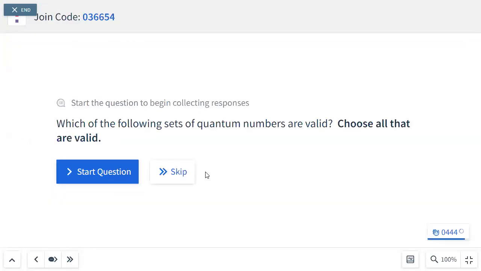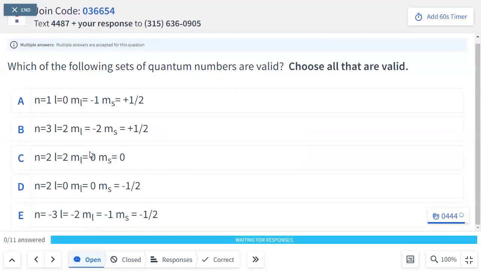And what I want you to do in this particular example, there are 5 sets of quantum numbers here. Some of them are realistic and could be describing an electron. Some of them could never describe an electron because they contain quantum numbers that are invalid.